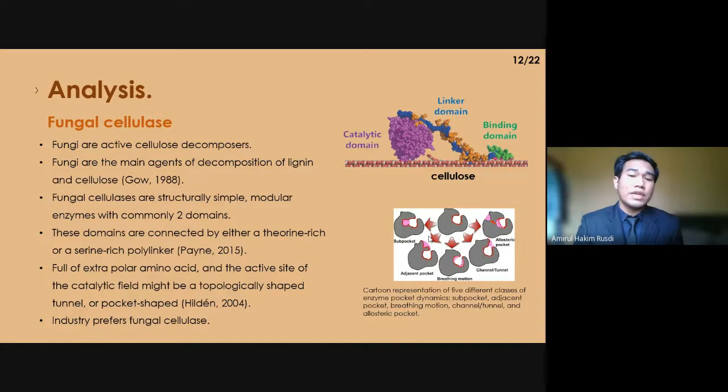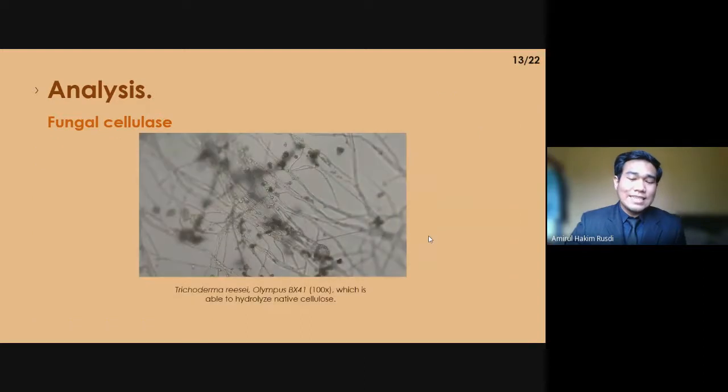The active location of the catalytic domain might be a topologically shaped tunnel or pocket to effectively hydrolyze the substrate. Industrial sectors prefer fungal cellulases since they are extracellular, adaptable in nature, and typically released in high amounts during growth. This is the visual example of Trichoderma reesei, which is one of the most widely examined fungal cellulases.